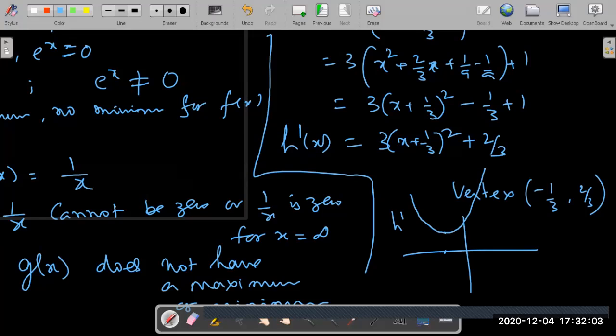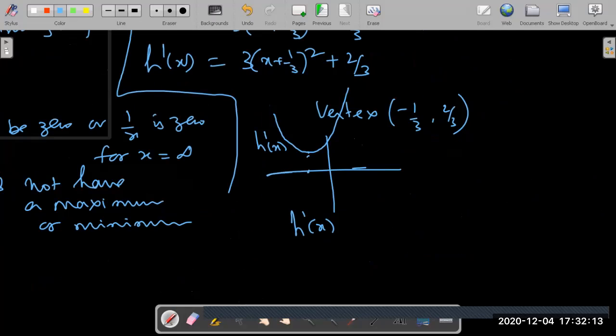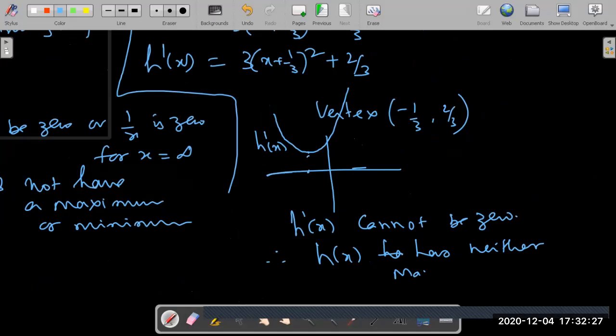This is h dash x, and it is not cutting the x-axis. That is the explanation we have to write: h dash x cannot be 0. Therefore, h of x has neither maximum nor minimum. It is better to draw the graph for this. In fact, that's the reason they give this question, to practice completing the squares.